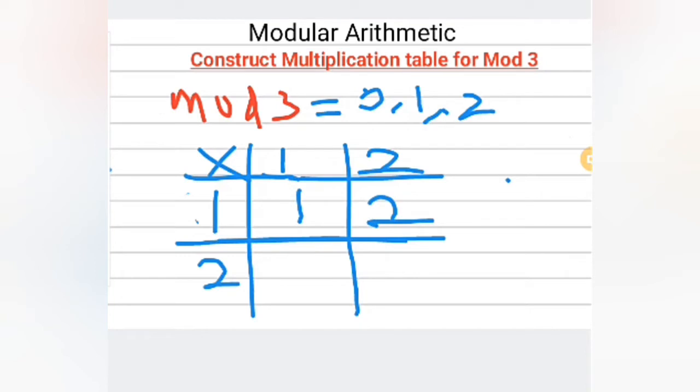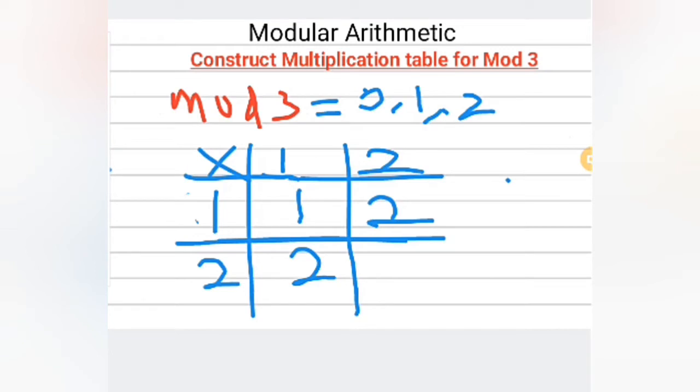Also, coming down to the next one, we have 2 multiplied by 1. You have 1, 2. Good. Here we also have 2 multiplied by 2. It's going to give us what here?